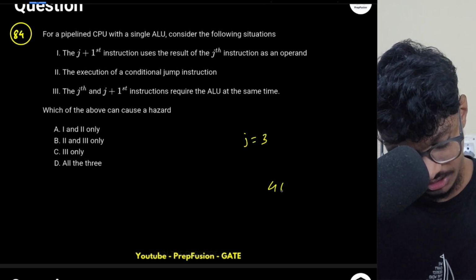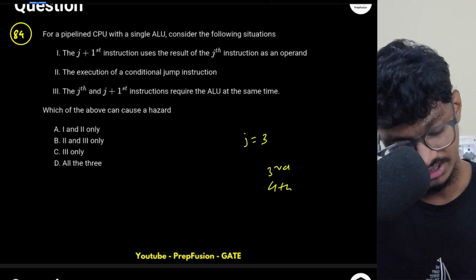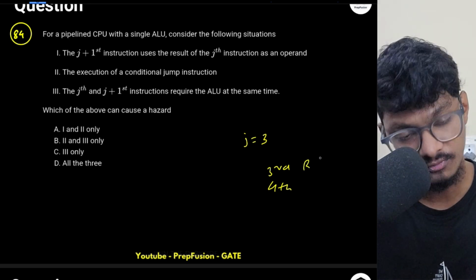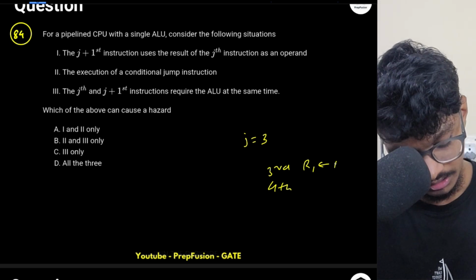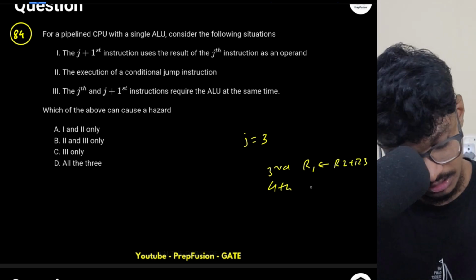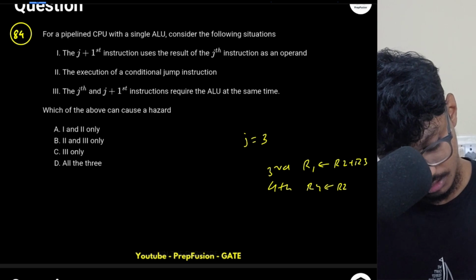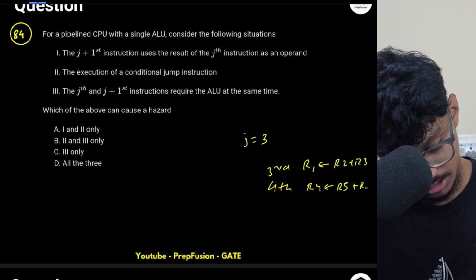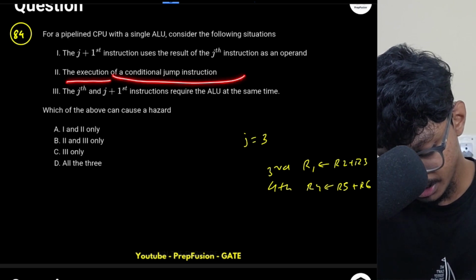So fourth instruction uses the third instruction. So result of third instruction is getting used in the fourth instruction. I have just taken an example that R1 equals R2 plus R3, and I do R4 equals R5 plus R6.